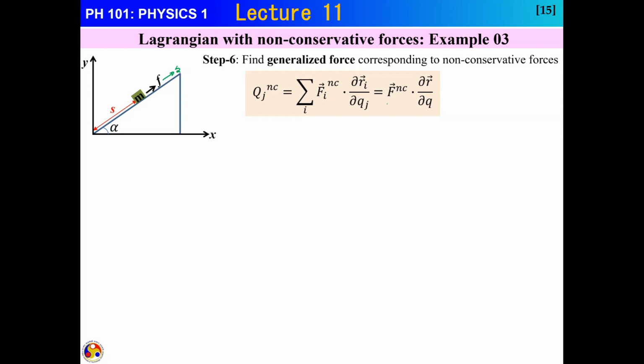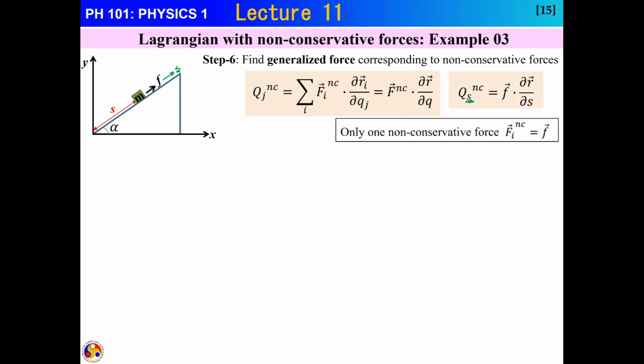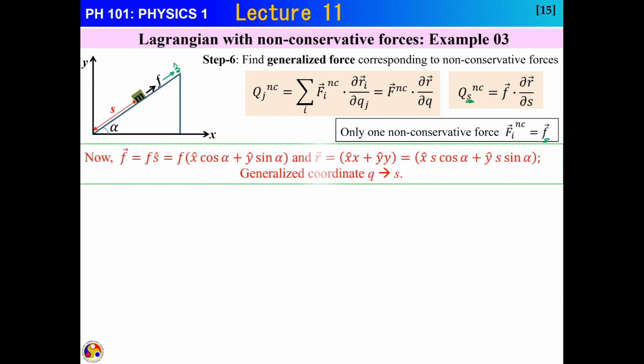Here you have only one generalized coordinate, which is s, so Q can be written only for the s generalized coordinate, and only one non-conservative force, that is F, acting along the s direction, s cap.